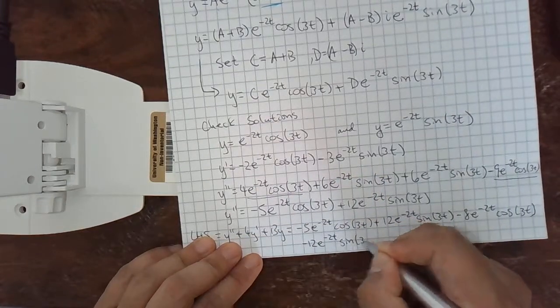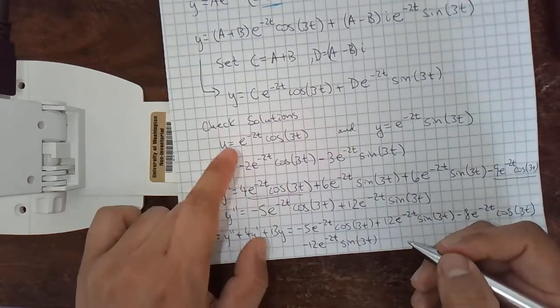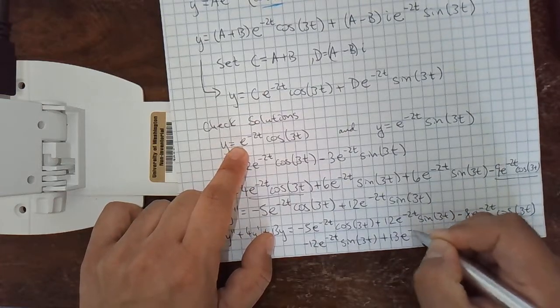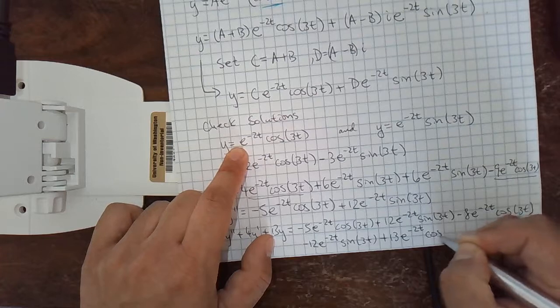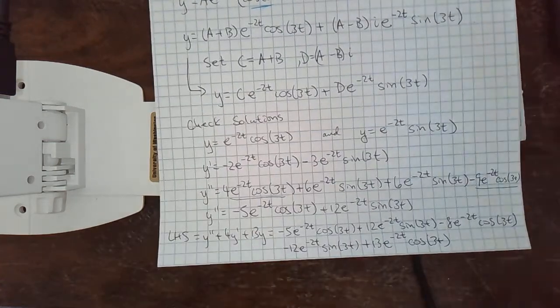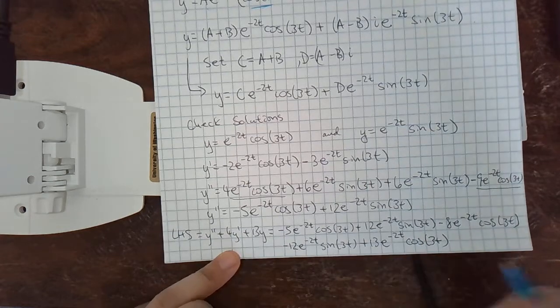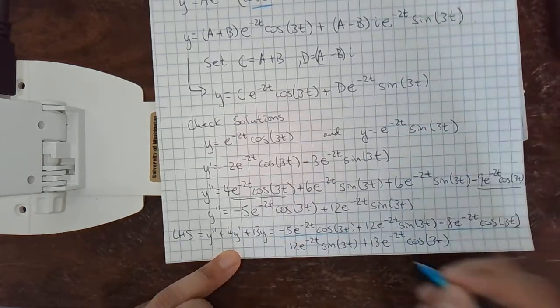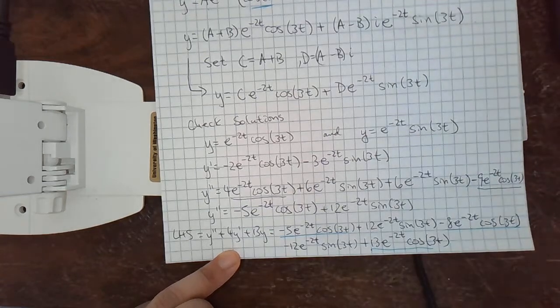That's that term. And then we're going to add 13 times the original. And the original was just this. So plus 13 e to the negative 2t cosine of 3t. Let's see what happens. For the cosine ones, all of them have e to the negative 2t. So we get negative 5 minus 8 plus 13. That is 0.